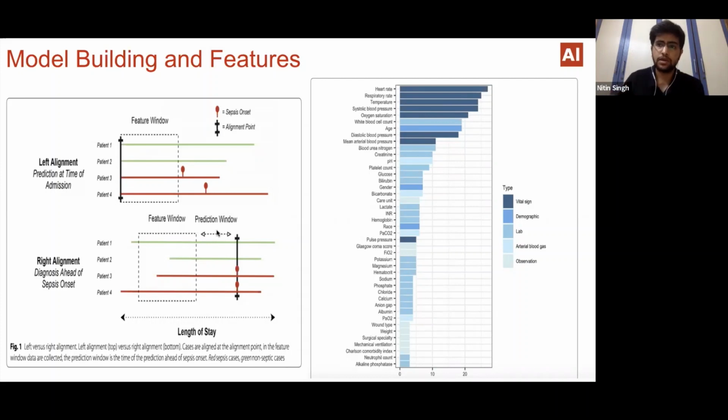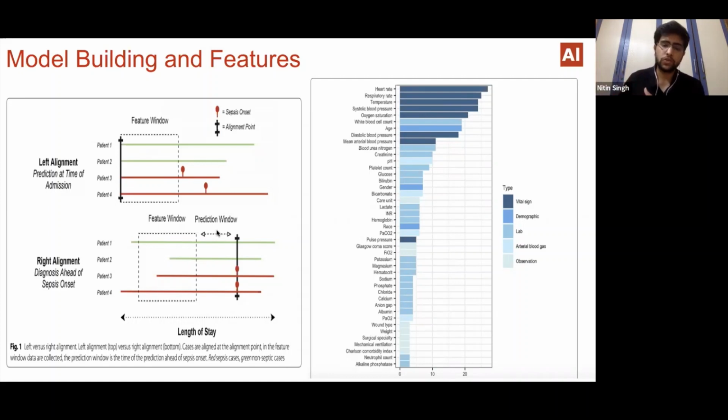For example, with COVID, you would not want to predict when the oxygen is already below 80. You want to predict when the patient is still around 85, 90, with most of the other parameters still stable. You don't want to predict at a very late stage.